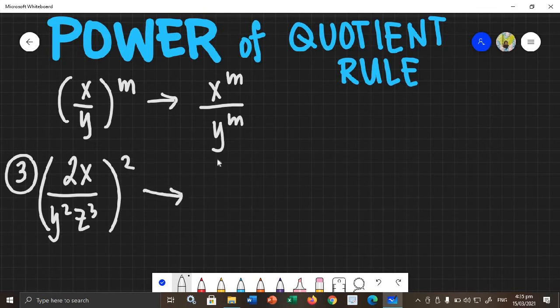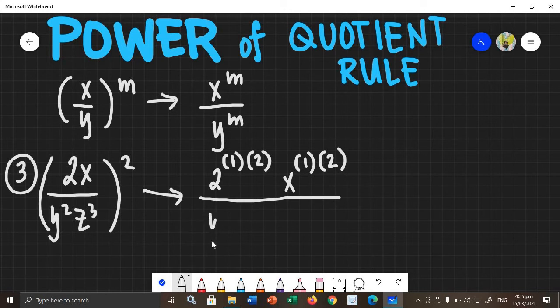So again, i-distribute natin to each term in the expression. So 2, may exponent yan 1. So i-multiply natin si 1 kay 2. X then may exponent yan 1, multiply natin siya kay 2. Which is the exponent outside the parentheses. And then we have y, may exponent siya 2, i-multiply natin kay 2. And then we have z raised to the third power, si 3, multiply natin kay 2.